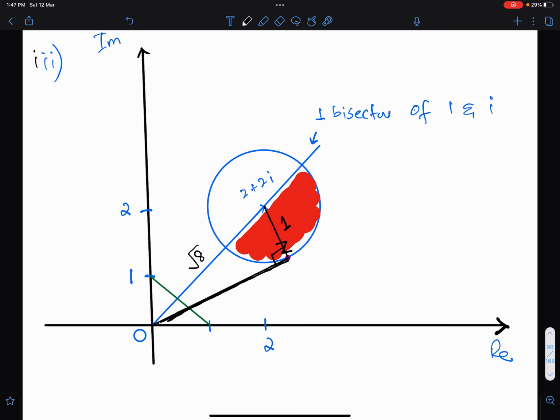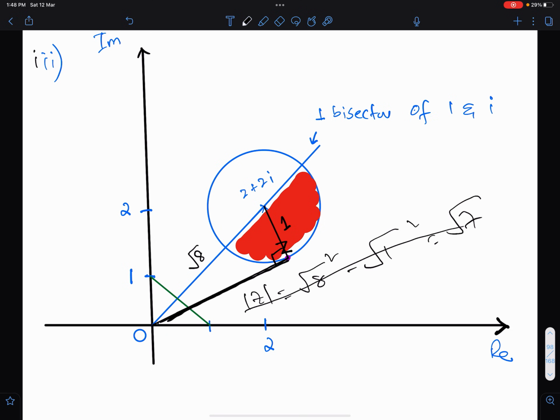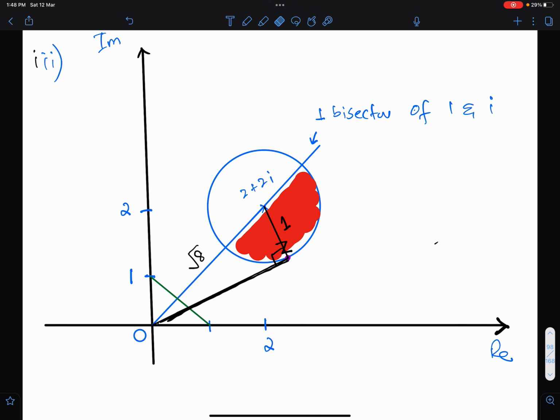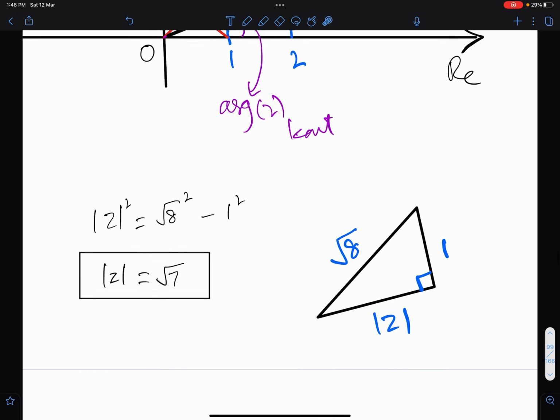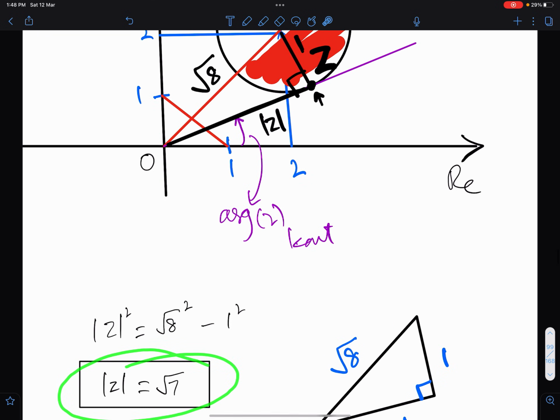By using Pythagoras, we can easily get this distance. Let me show you the correct, fair solution. Here is the fair solution. Root 7. We need this distance.